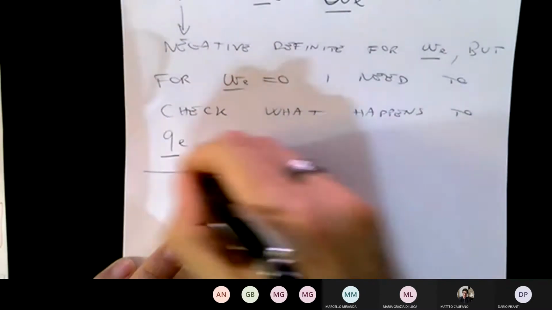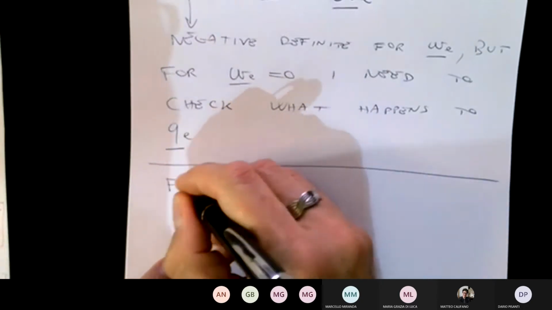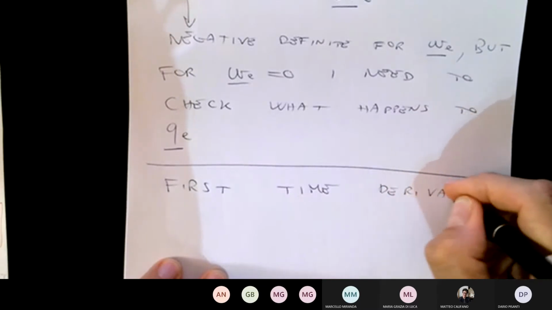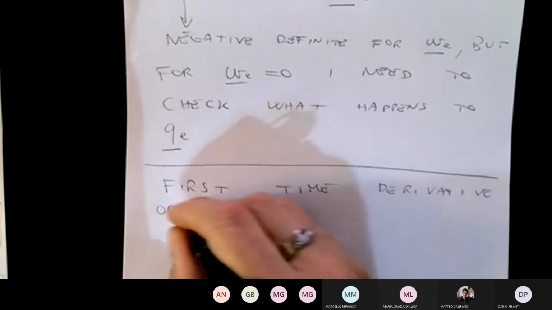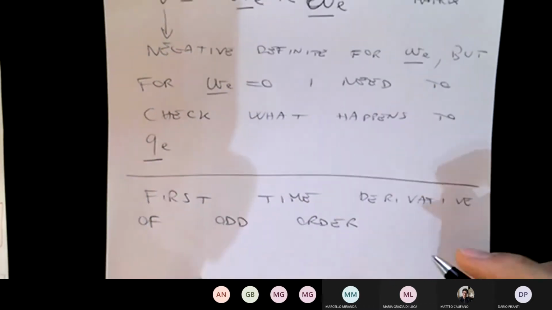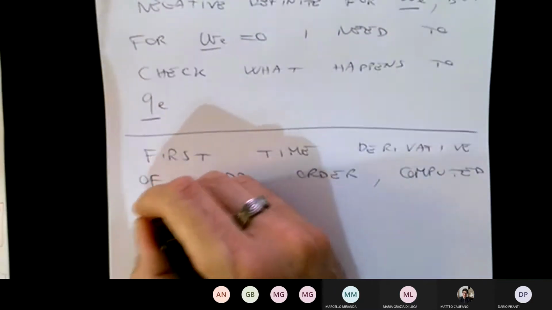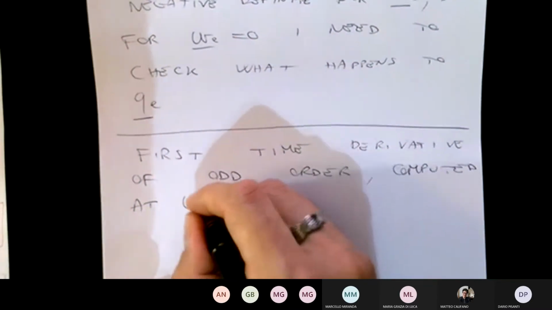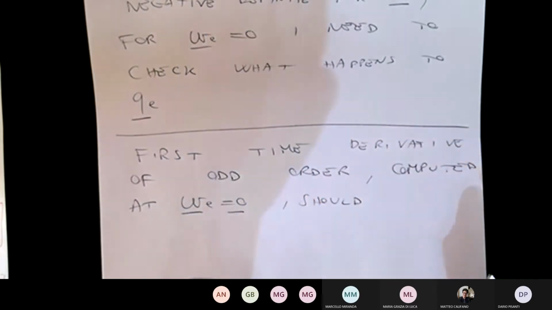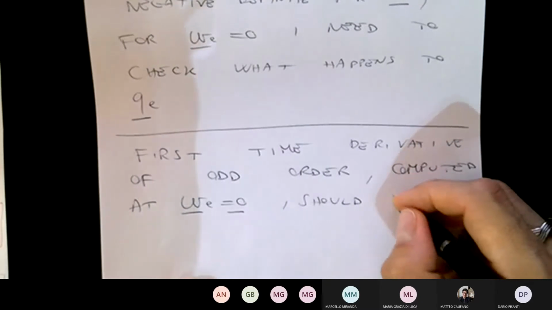So theory tells me that the time derivative of odd order, one, 3, 5, etc., computed at omega e equals 0, should be negative definite.